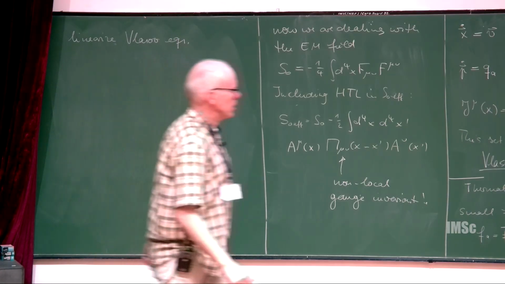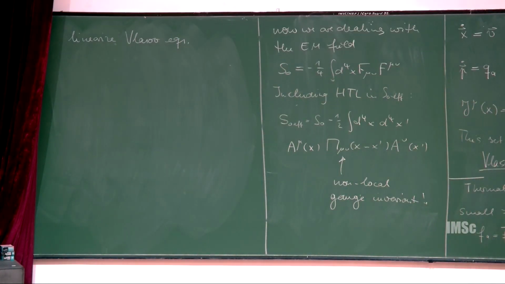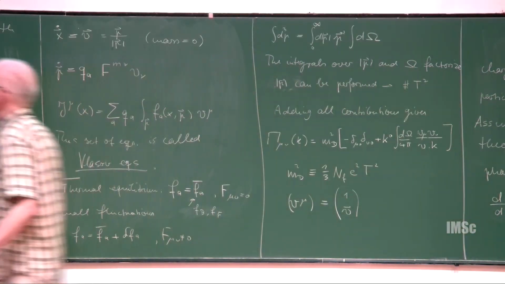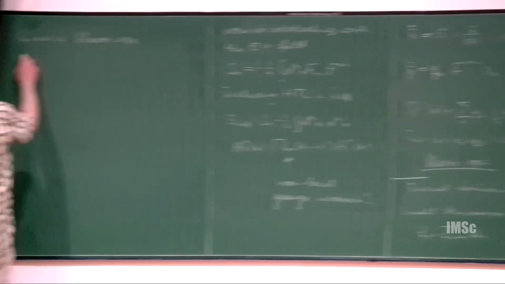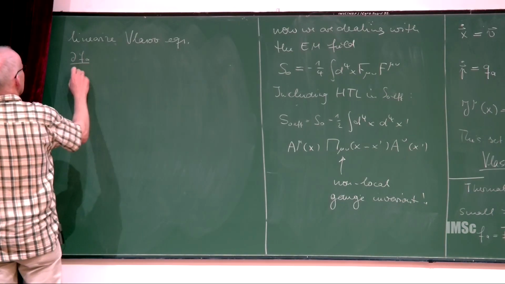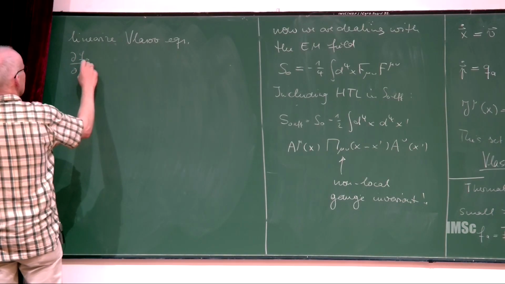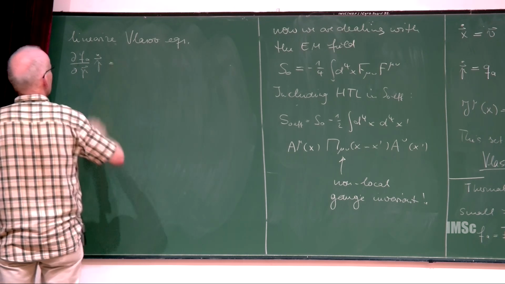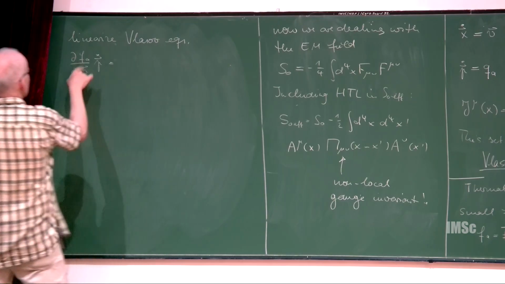So let's see, what do we have? We have this term here with the Lorentz force that we can simplify. So we have ∂f_a/∂p times ṗ.